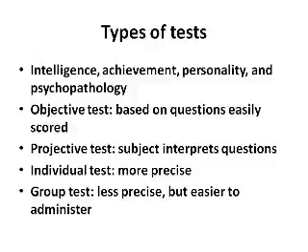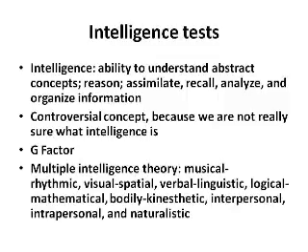Whereas in an individual test, the tester sits with the subject and they go through each question, so more attention is given to the individual. The results are expected to be more precise. So individual tests are more precise, group tests are less precise, but they have the advantage that they are easier to administer. Okay, so let's begin by taking a look at intelligence tests.